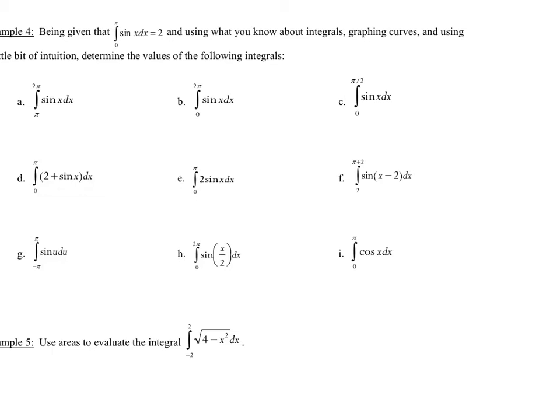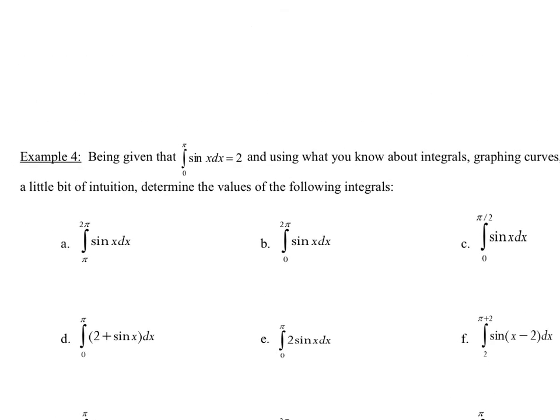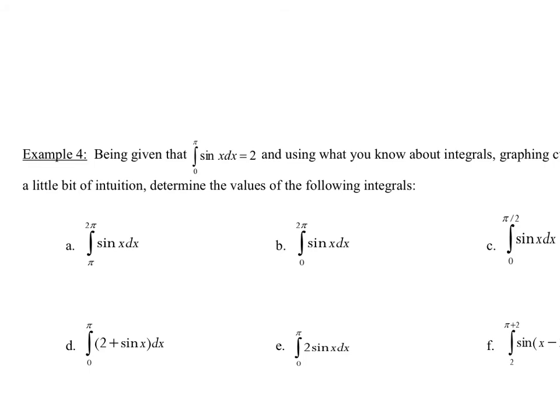They give you a nice rule here, being given that from 0 to pi, the sine function contains an area of 2. And using what you know about integrals, graphing curves and using a little bit of intuition, maybe a lot, determine the values of the following integrals. All right, so just quickly draw a nice little sine function here.